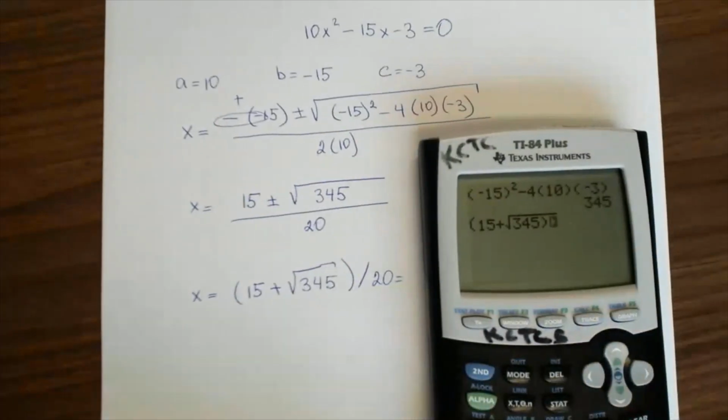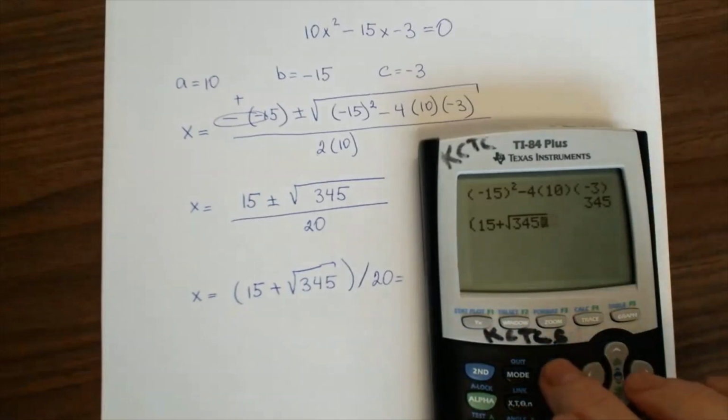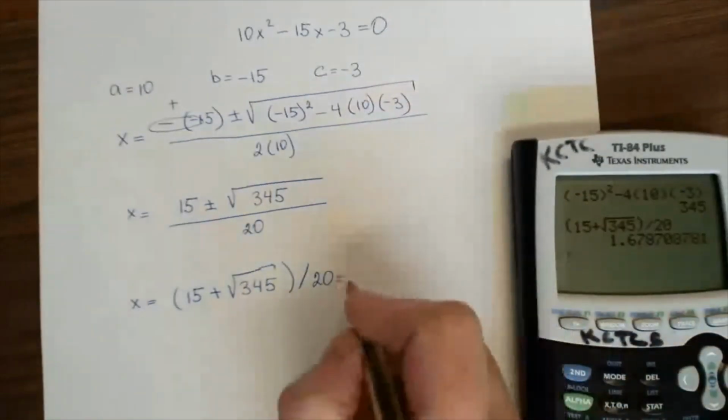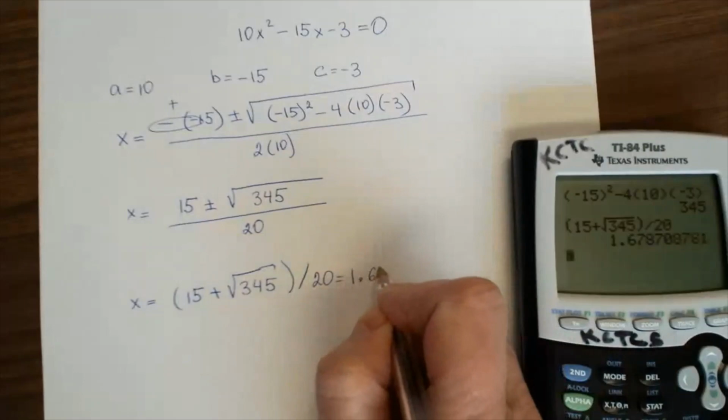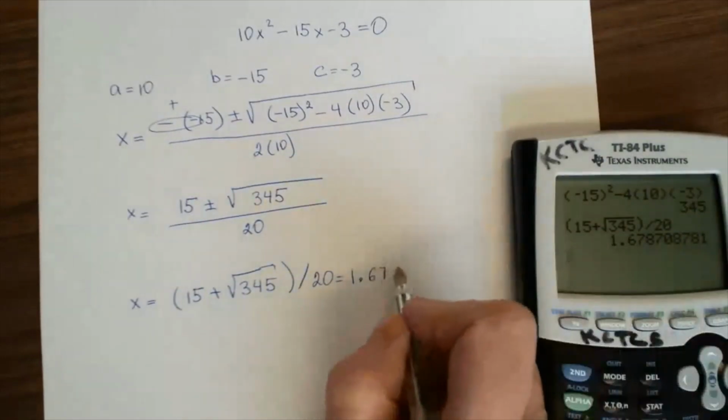It's a really common mistake. I put parentheses under the radical, so it's not where I have to put my parentheses. I have to move to the right and now close the parentheses, divide by 20, and my answer is 1.67, and I will change 8 to 9.